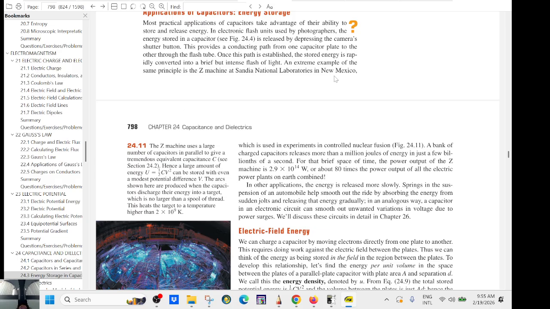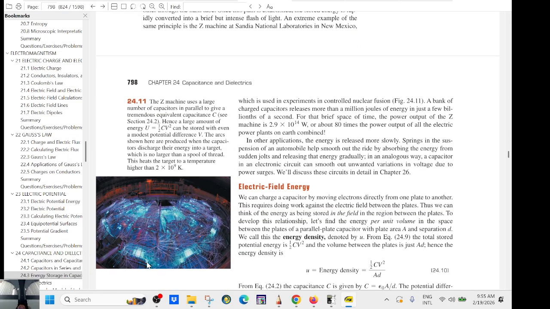Here in New Mexico they have what is called a Z machine, and they use capacitors to store a huge amount of charge. A capacitor can burp out that energy in a very small amount of time, so it can produce a very large spike in current. That's why it can kill.